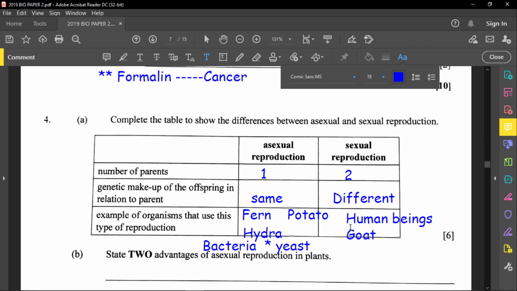Okay. Pig. Flower is the next one. Flowering plants, right? So a flower will definitely reproduce by this. So a flowering plant like a rose plant and so on, a citrus plant. So flowering plants tend to reproduce sexually as well because we have pollen and we have ovule that will fuse.